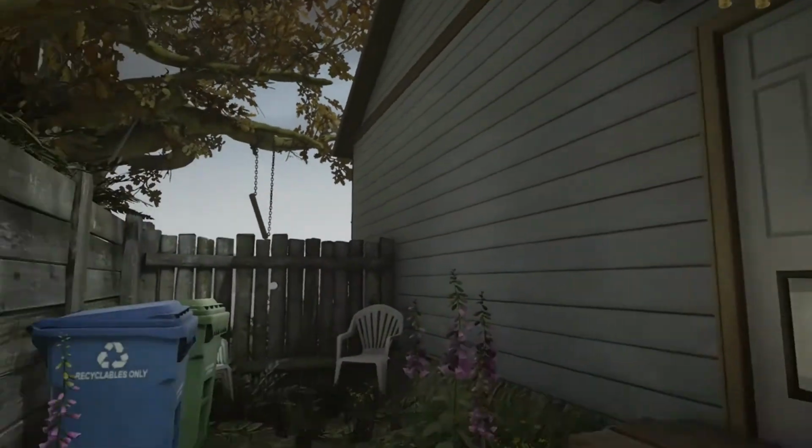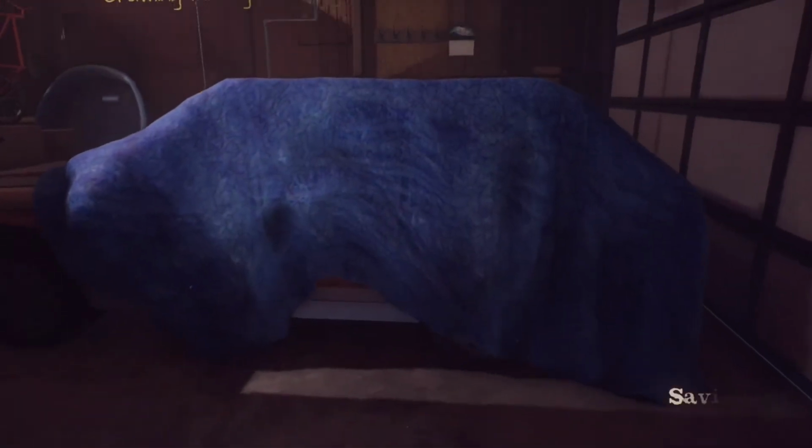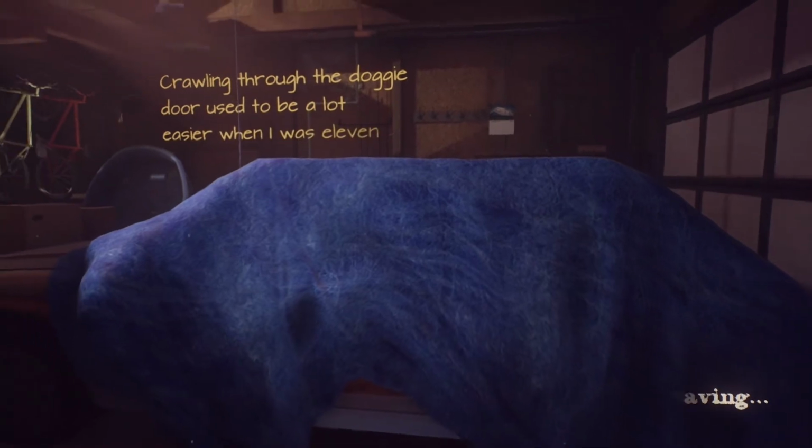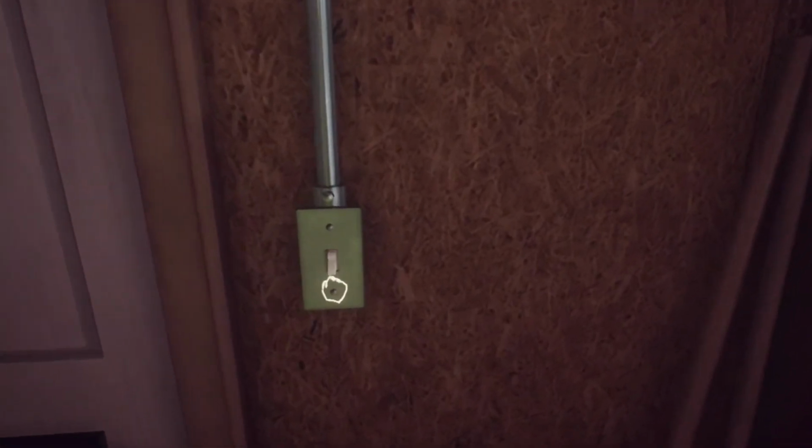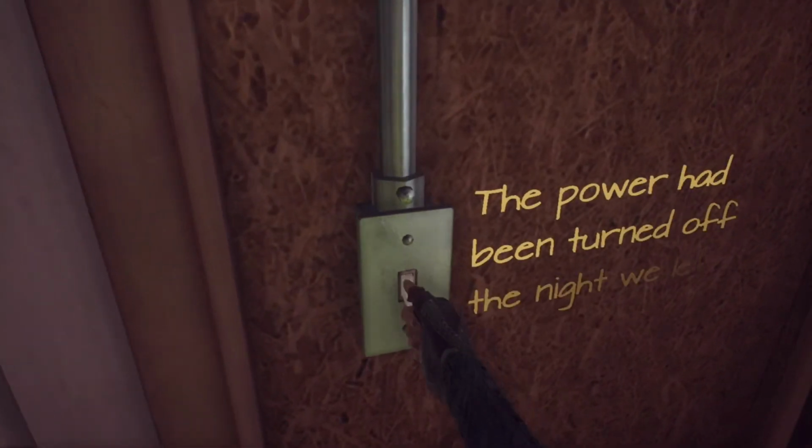Wind chimes. Here we go. Crawling through the doggy door used to be a lot easier when I was 11. Okay, just a quick look. Oh, hello. The power had been turned off the night we left.